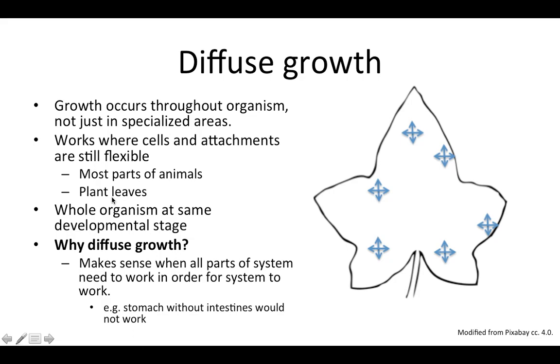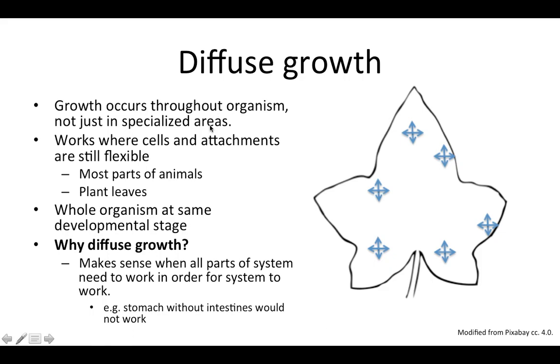Diffuse growth is able to occur where cells and attachments between cells are still flexible. That's because if a cell divides, its two daughter cells will be able to expand and create space for themselves by pushing apart the neighboring cells, so long as those neighboring cell walls are not tightly attached to one another at that point.